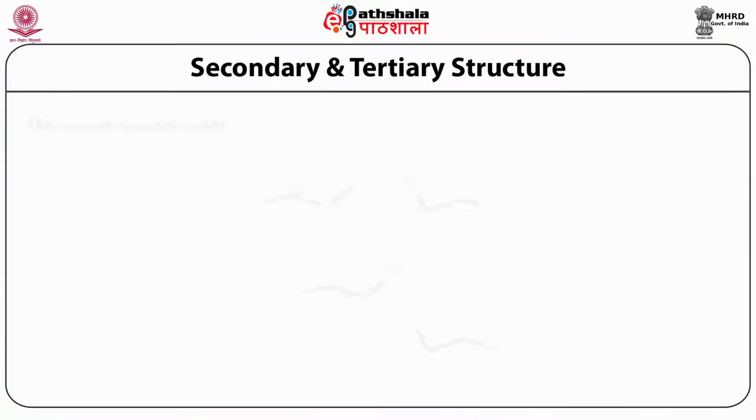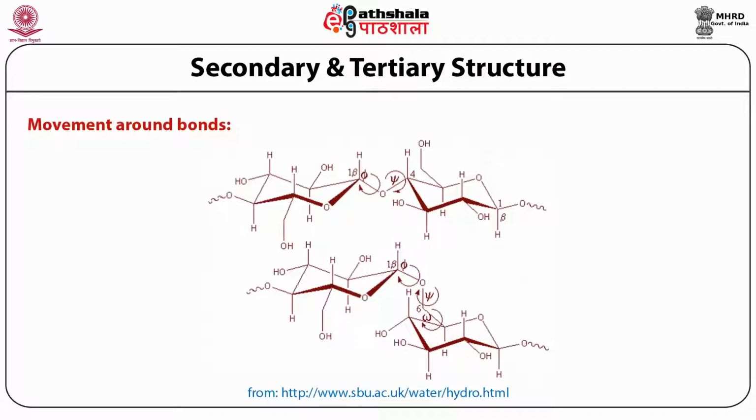Local secondary and overall tertiary random coil and helical conformations are possible. Movement around bonds means the single bond linking two monosaccharide units is freely rotatable.